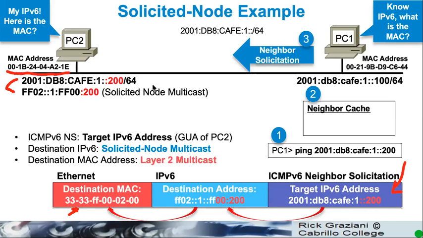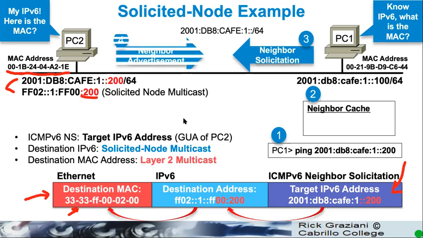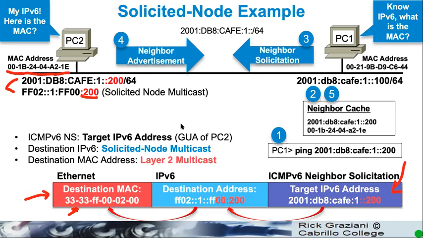I do accept any destination MAC addresses associated with this last 24 bits here. So we'll return a neighbor advertisement message with its IPv6 address and its MAC address, and that will be put in a neighbor cache, and then now the device can go ahead and send out the ICMPv6 echo request.